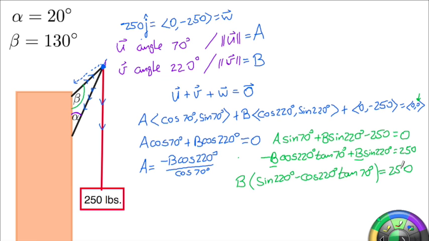So 250 divided by parentheses, you've got to put that in there, there's more than one term down there, sine of 220 minus, make sure you close off after the sine of 220 with a parentheses, minus cosine of 220 times tangent of 70.